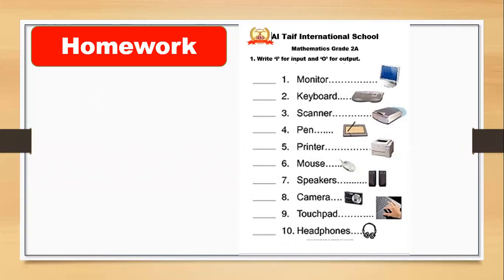Now I'm going to revise. Anything that comes out from the computer, that you are taking out from the computer, will be output devices, like speakers, printer, monitor, and anything that goes inside the computer will be input.